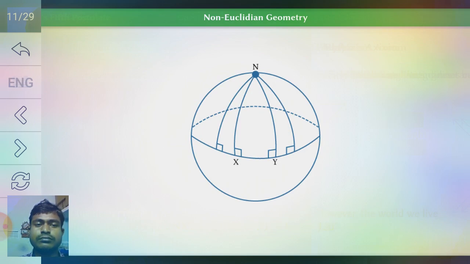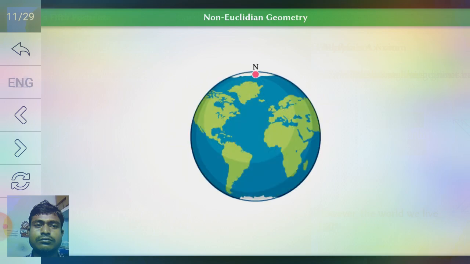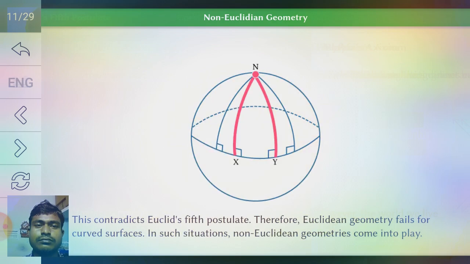According to Euclid's fifth postulate, lines XN and YN should not meet on that side, but we know that they meet at point N, which is the North Pole in the Earth's case. This contradicts Euclid's fifth postulate. Therefore, Euclidean geometry fails for curved surfaces. In such situations, non-Euclidean geometries come into play.